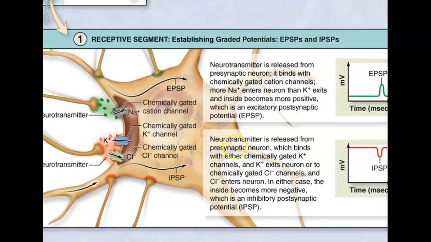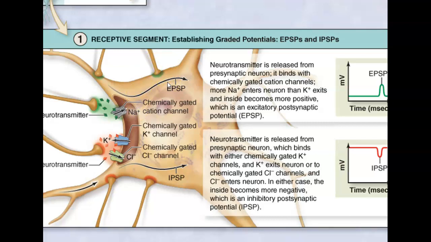We call the local potential where the potential moves less negative or towards threshold an EPSP, which stands for an excitatory postsynaptic potential. And if the sodium moves into the cell, then we see it goes more toward the threshold value.